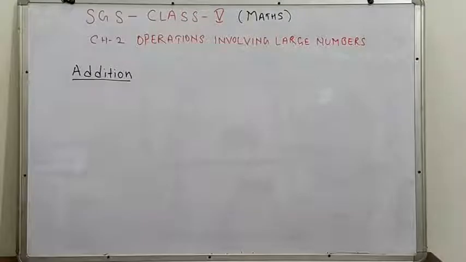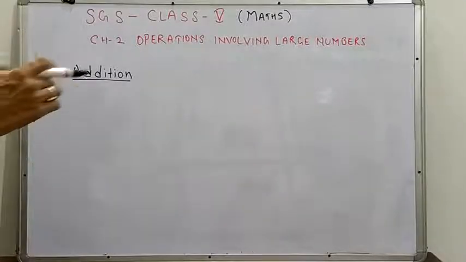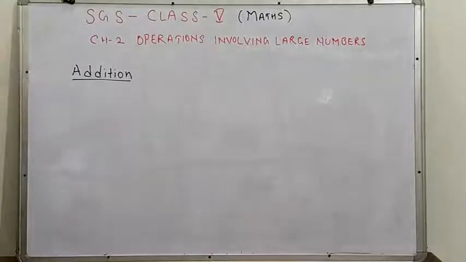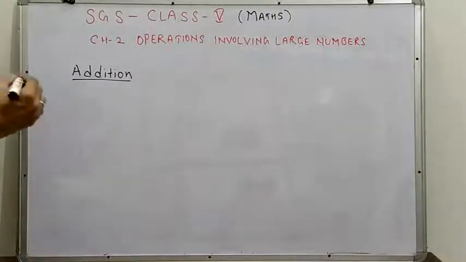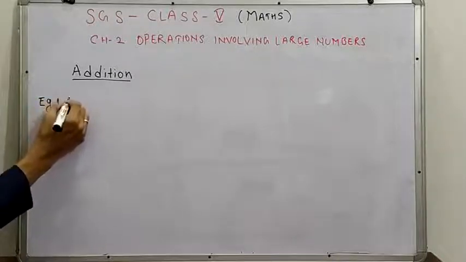We already know that in this chapter we are involving addition, subtraction, multiplication types of operations on very large numbers, such as, for example, if we take the following example, that is example number 1.